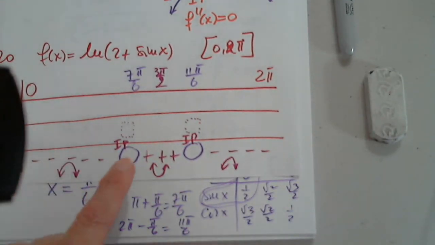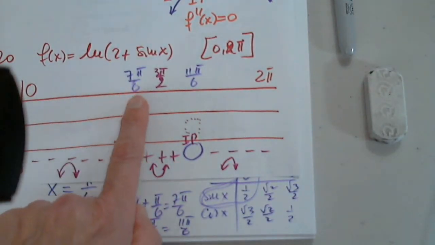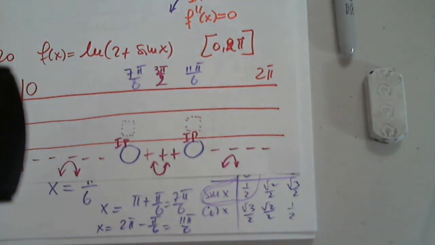So in order to determine this, I have to put in the function and plug in these two values. I'm sharing my screen, going to the calculator, plugging in y equals natural log of 2 plus sine x.